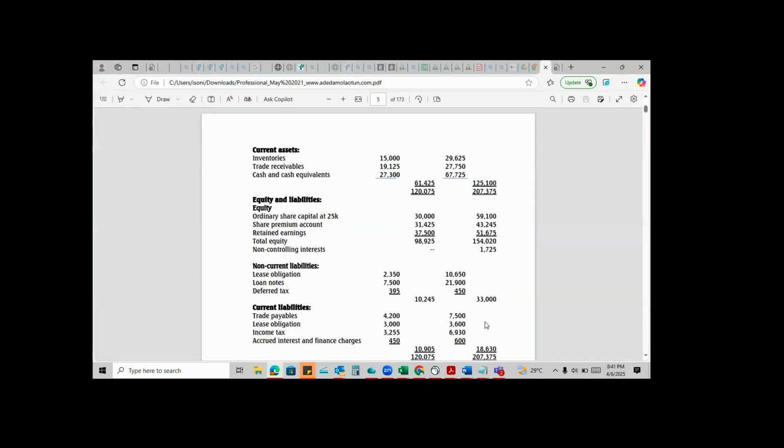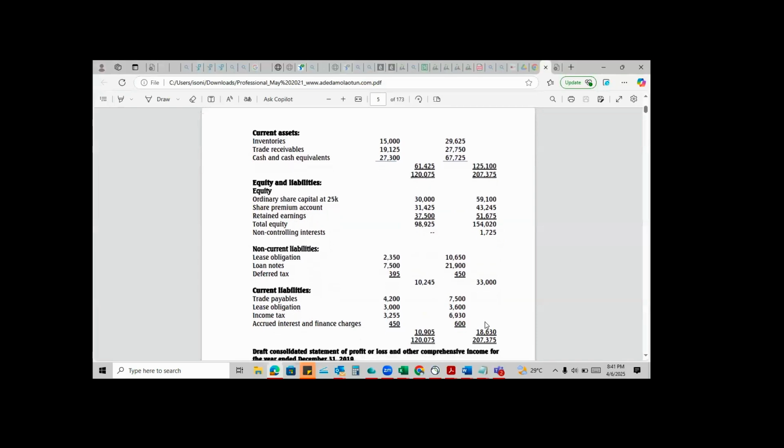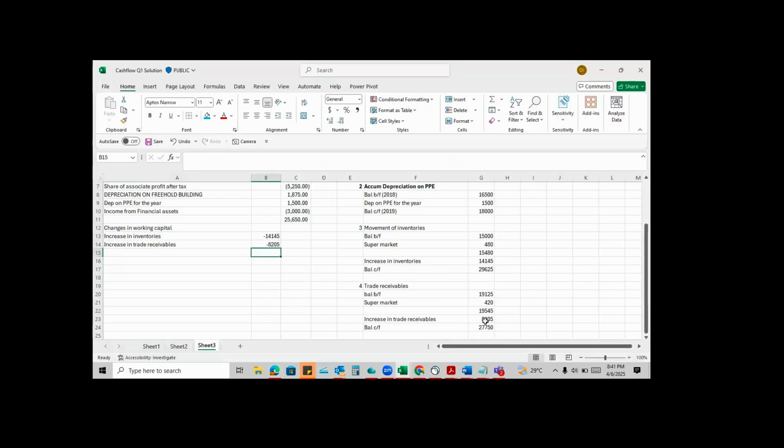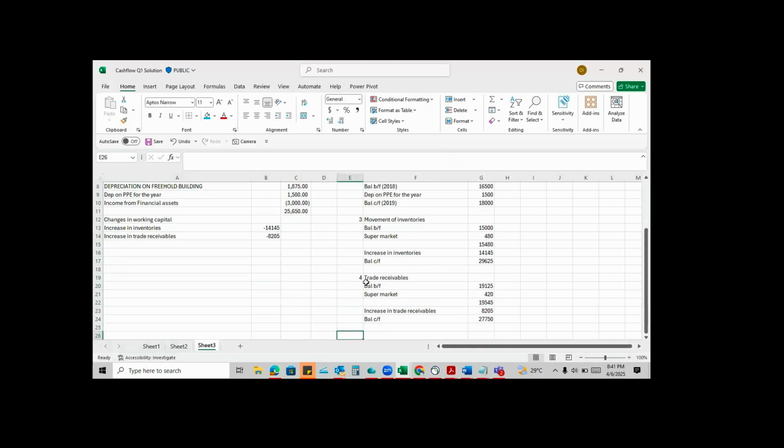Let's come to trade and current liabilities. Under current liabilities, I have trade payables. Let me just copy everything I have here.